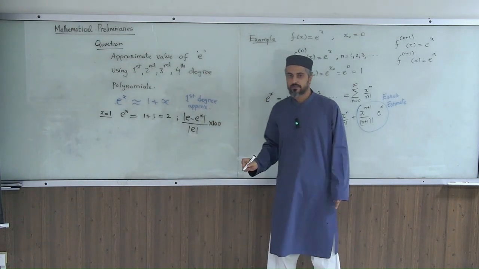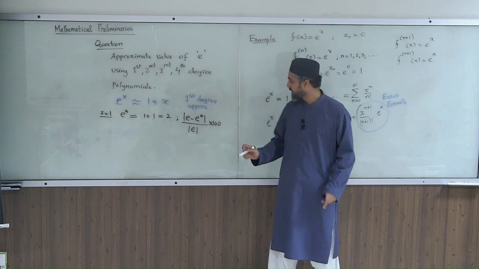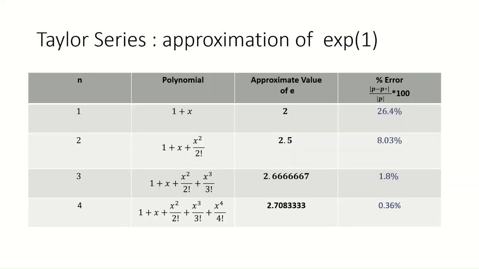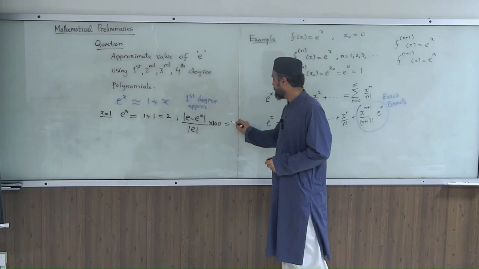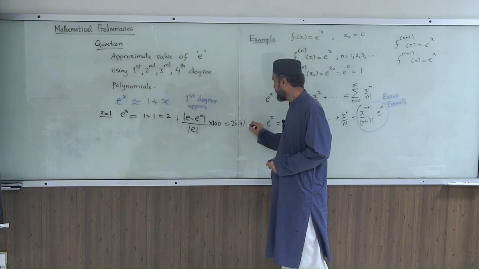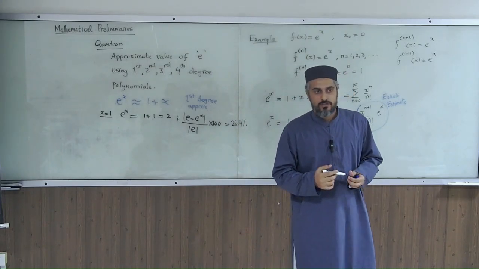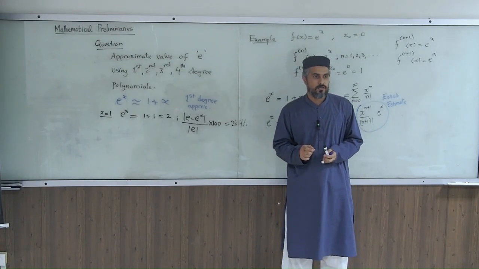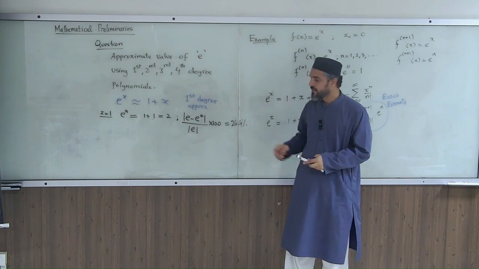Just subtract the 2, which is e minus 2, divide by e, multiply by 100. It's 26.4%. So this is the percent deviation of e and e star.